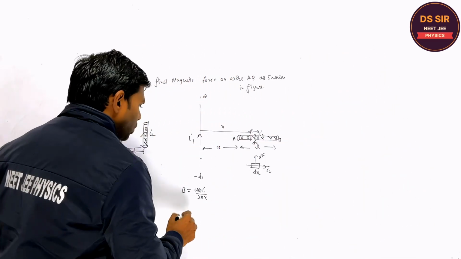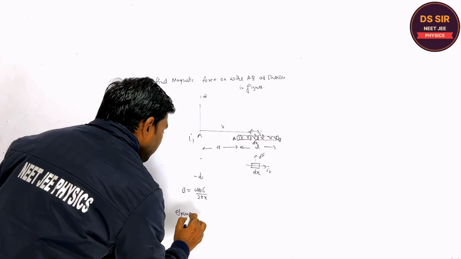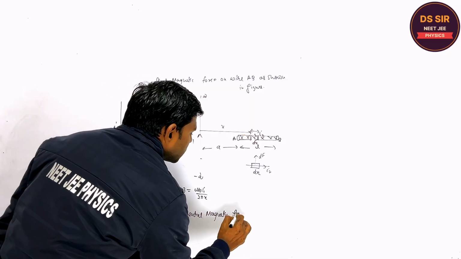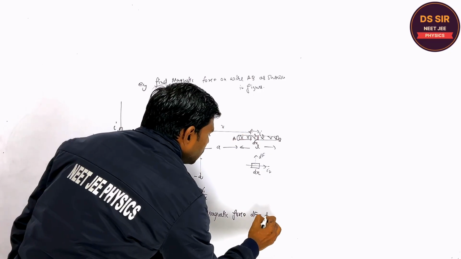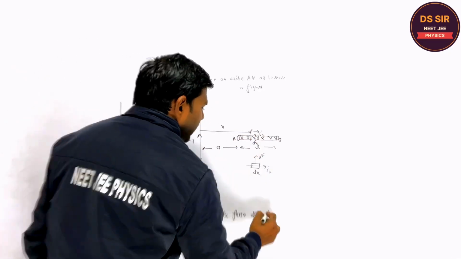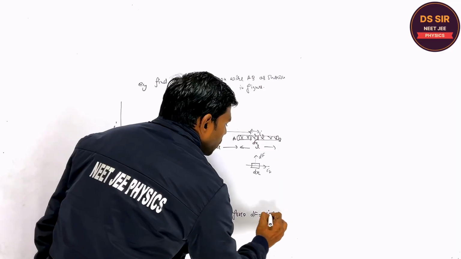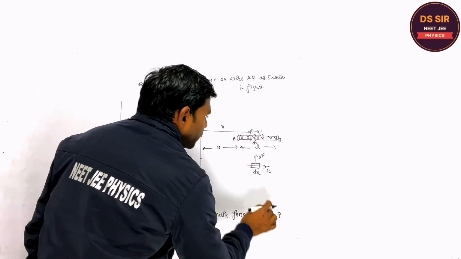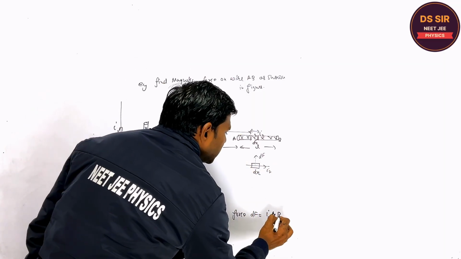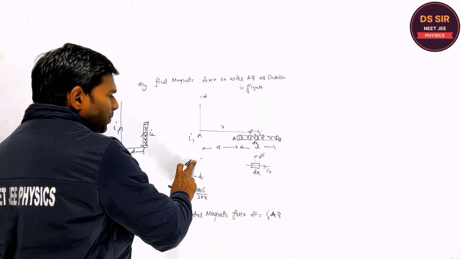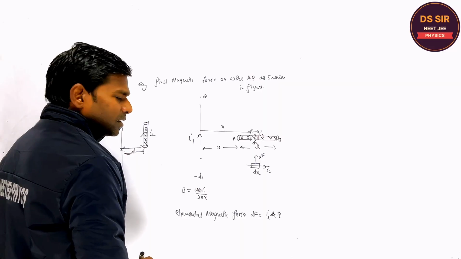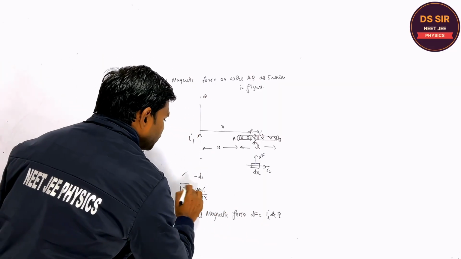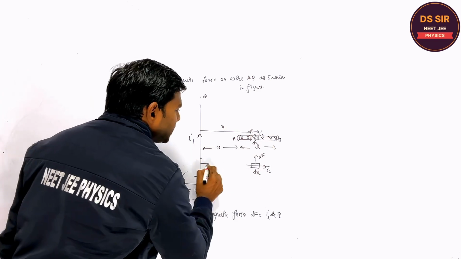Therefore, the elemental magnetic force dF is equal to I L B. What is the I? The current is I2. The length is, say, dx, into B. The B is produced by the current I1. What is the magnetic field produced at this portion at distance x?